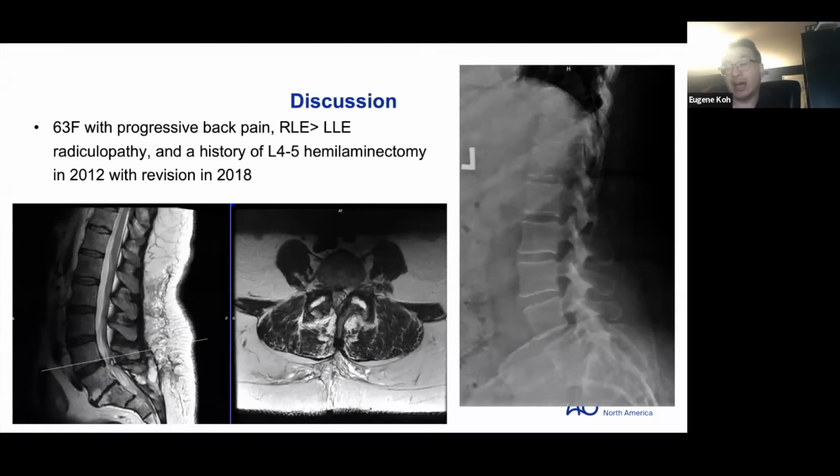If the disc space is collapsed, I'll probably do an interbody to give me not only a direct decompression while I do a laminectomy and foraminotomies, but also to increase the height and give me an indirect decompression. I'll also use it in the second instance if I have a poor host, so considering a diabetic, an ex-smoker, or one who's actively smoking, I may consider using an interbody.